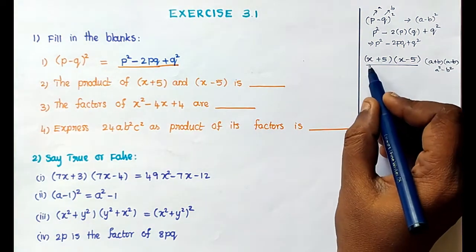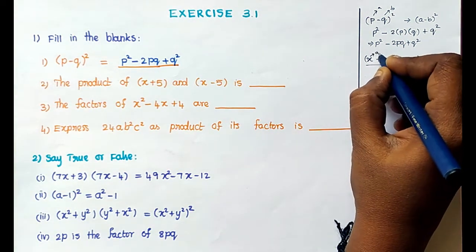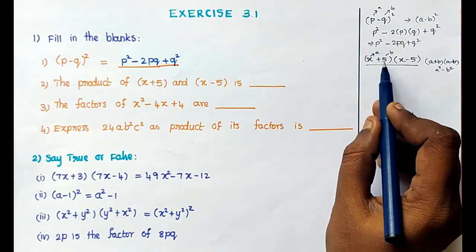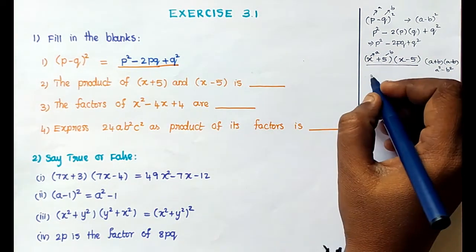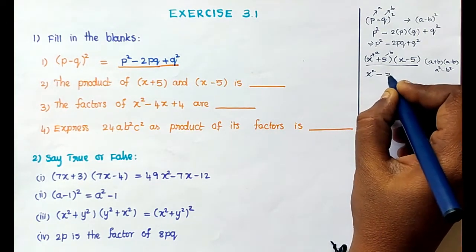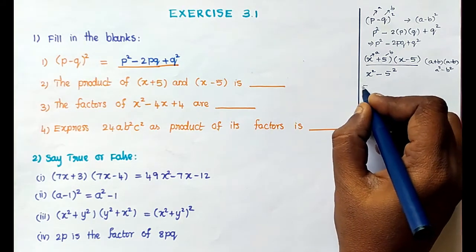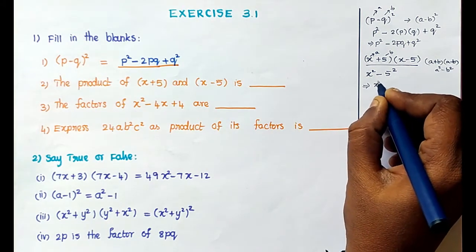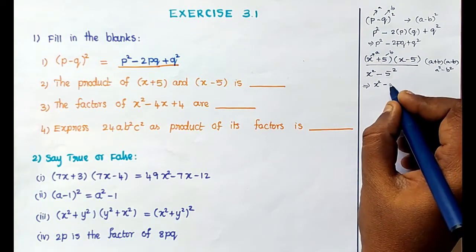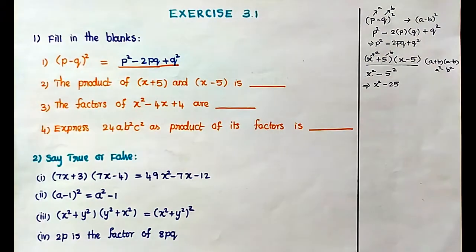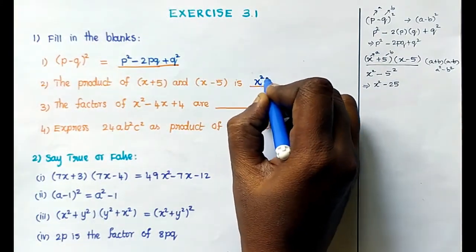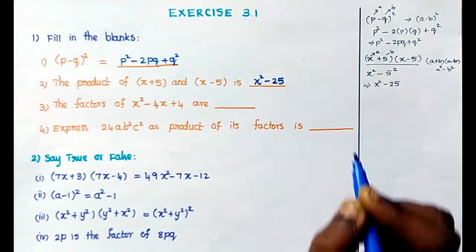Here x is a and b is 5. So x squared minus 5 squared, and 5 squared means 5 into 5, that is 25. So the answer is x squared minus 25.